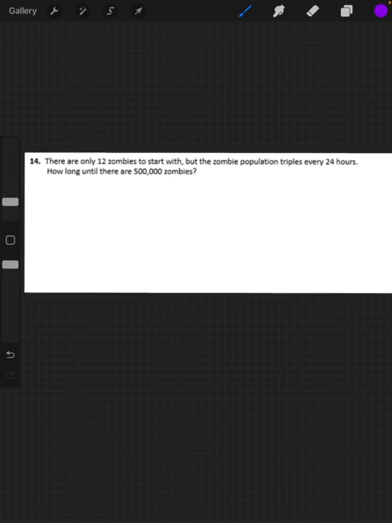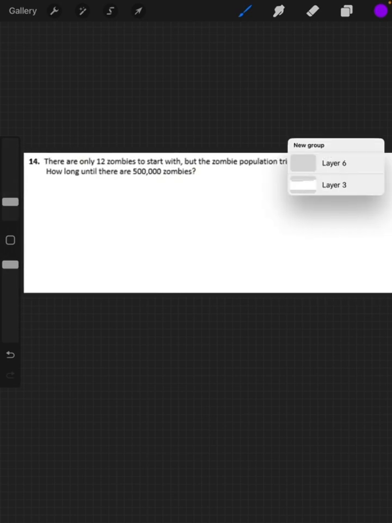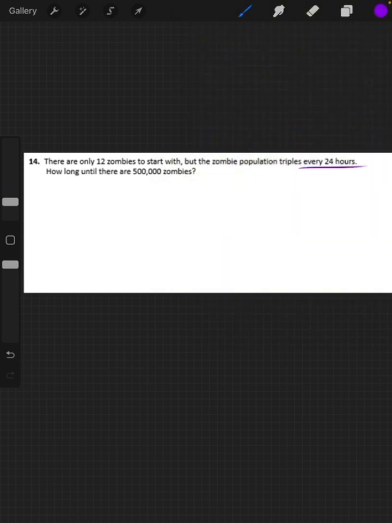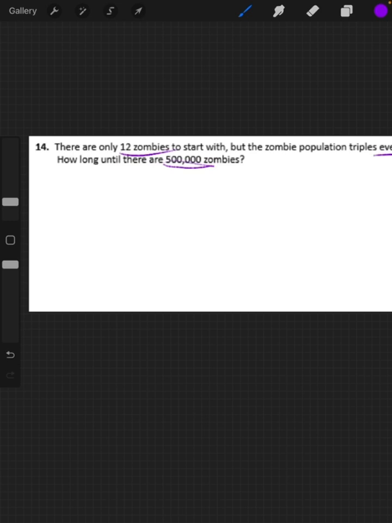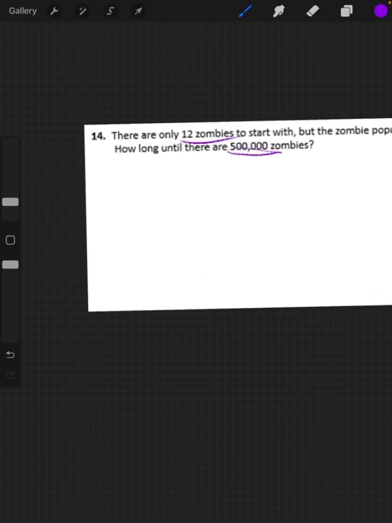There are only 12 zombies to start with, but the zombie population triples every 24 hours. 24 hours. That's our starting number. How long until there are 500,000 zombies? Okay.